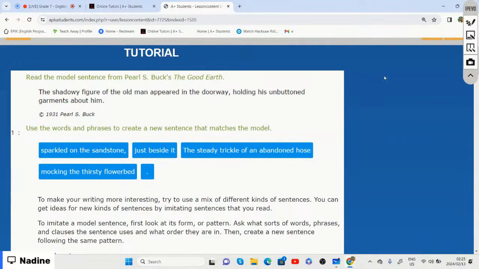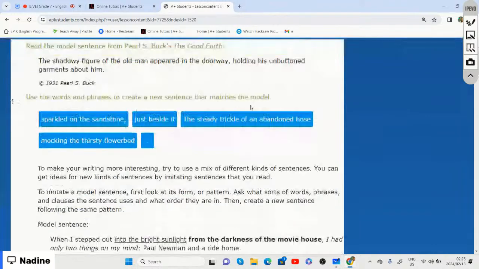So if we put that in order, we can start with the steady trickle of an abandoned hose, sparkled on the sandstone, mocking the thirsty flower bed just beside it. Full stop.